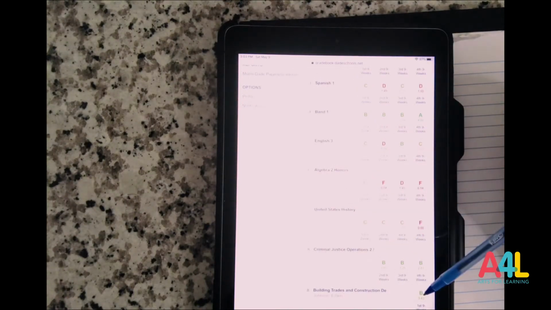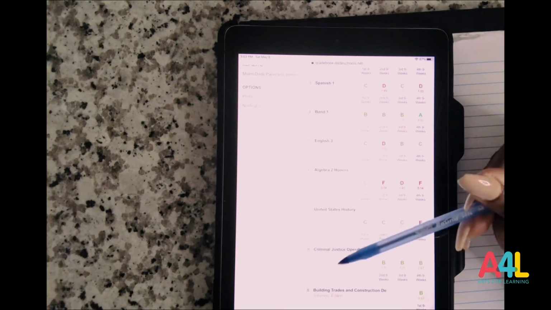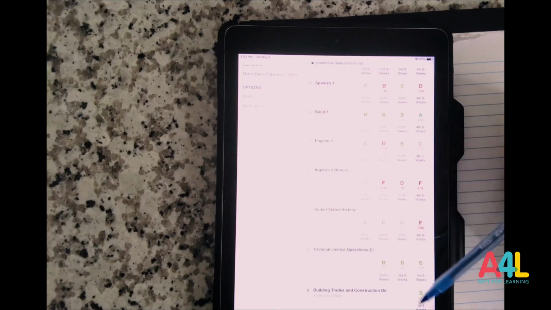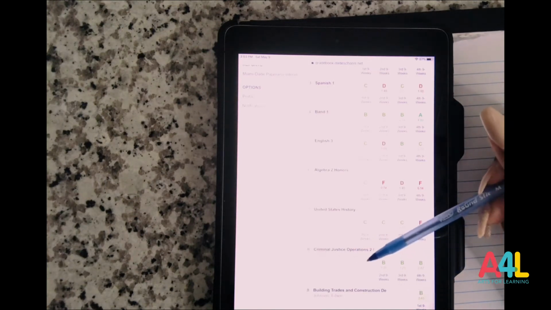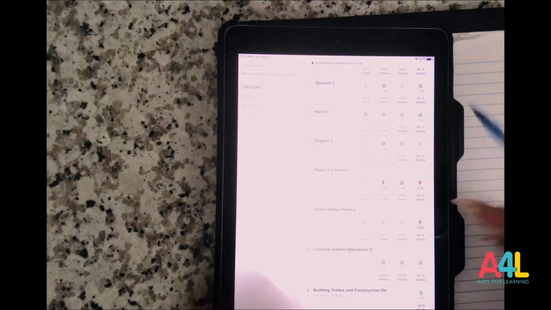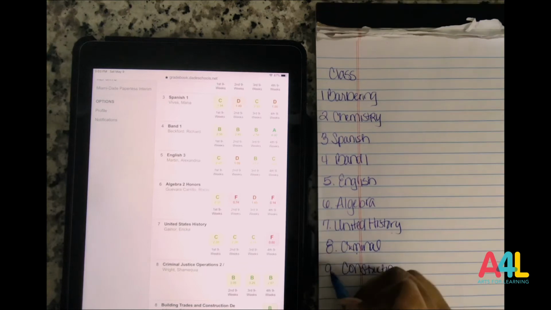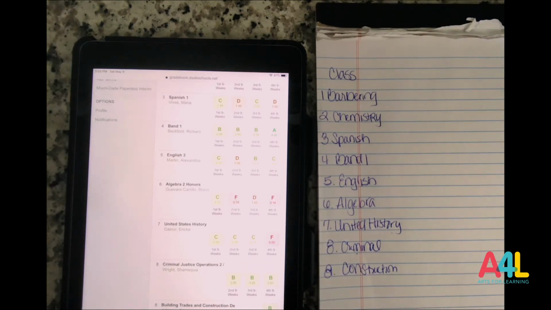And so this is the reason why you'll notice that he has a B for the first 9 weeks, and then the remaining semesters he has for the criminal justice. It doesn't make a difference what it says, but all I know is this class is associated with this class, although it's different. So on my paper here, it's not really supposed to be 9 classes, it's 8.